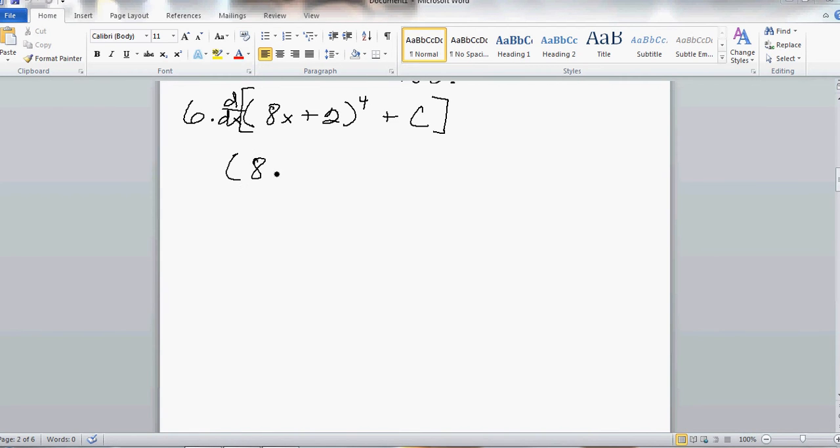So I get 8x plus 2, the quantity cubed, times the derivative, which is 8, and the derivative of c, of course, will disappear. Oh, I forgot to take the 4 out here. Okay. Take the 4 times the 8x plus 2, the quantity cubed, times the derivative of the inside, which is 8. And this gives me 32 times 8x plus 2, the quantity cubed.